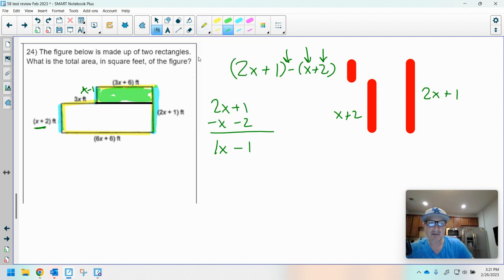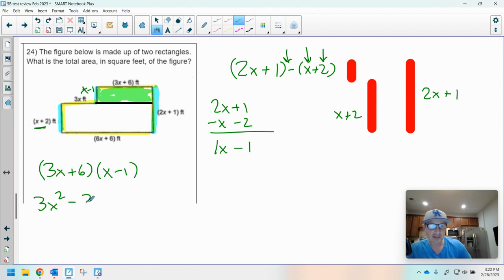In order to get the area of that green part, we're going to do length times width. The length, the long way, is 3x plus 6. The width, the short way, is x minus 1. Let's multiply those together, FOIL style. 3x times x, 3x squared. 3x times negative 1, negative 3x. 6 times x, plus 6x. 6 times negative 1, minus 6.